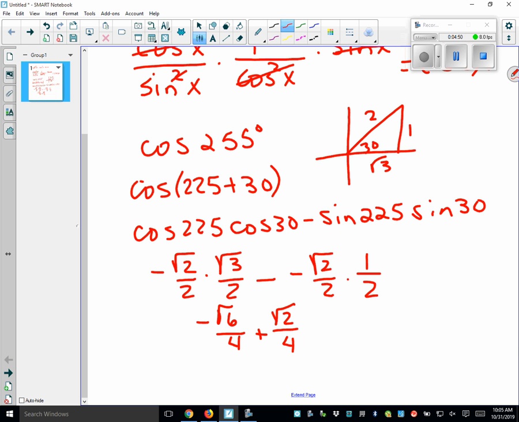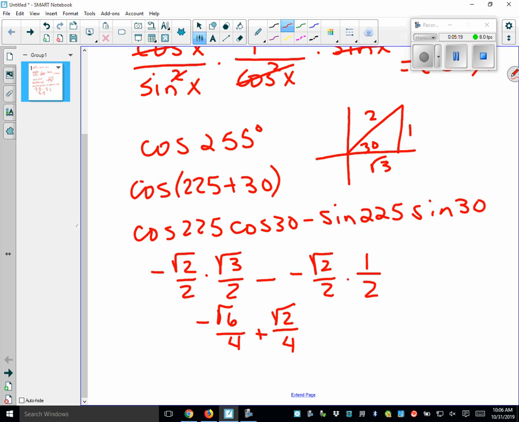Can we leave it like that? It's okay. Square root 6 plus square root 2 over 4. Radical 6 over 4, you cannot add those radicals.